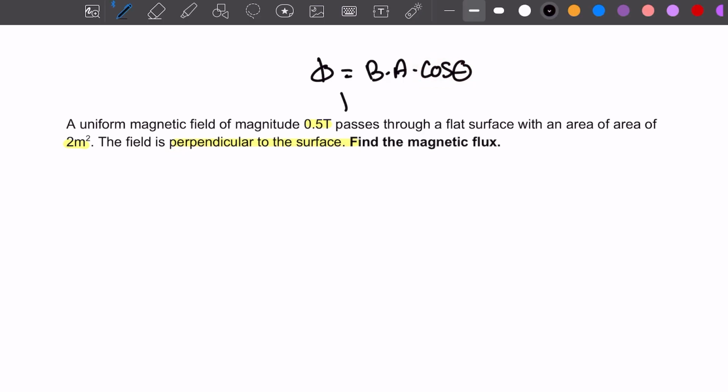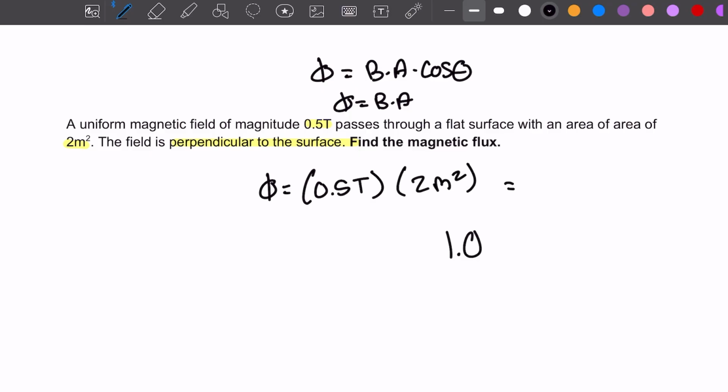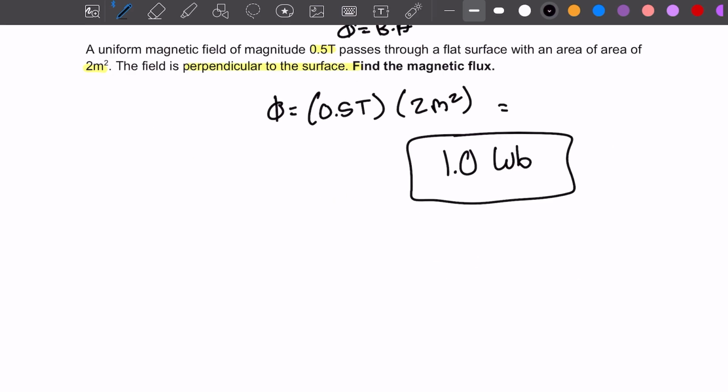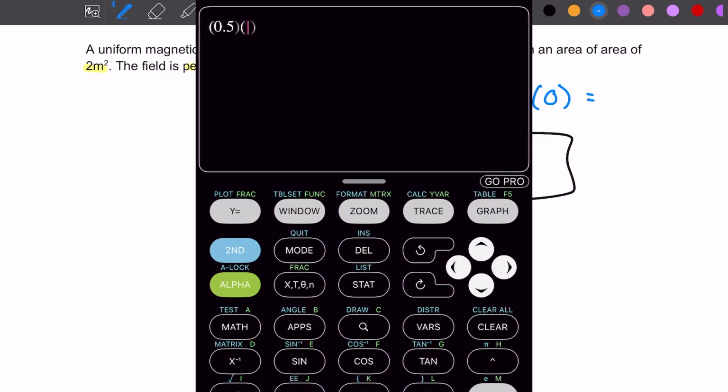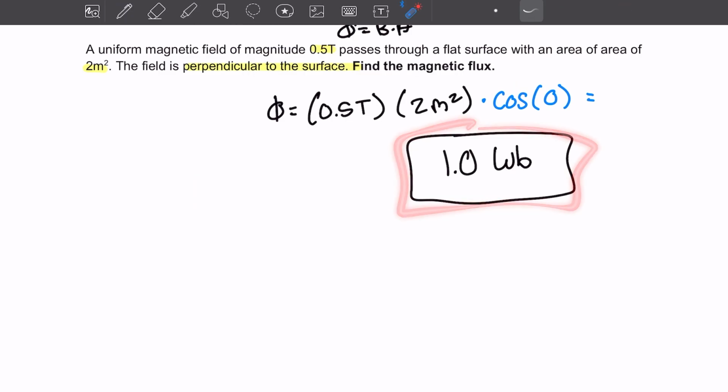So we would just write it as phi equals B times A. Phi equals 0.5 teslas times 2 meters squared, and you would just get 1.0, or 1 Weber. And just in case you wanted to plug in cosine, you would do so right here, times cosine 0, and you would still get 1.0 Weber.